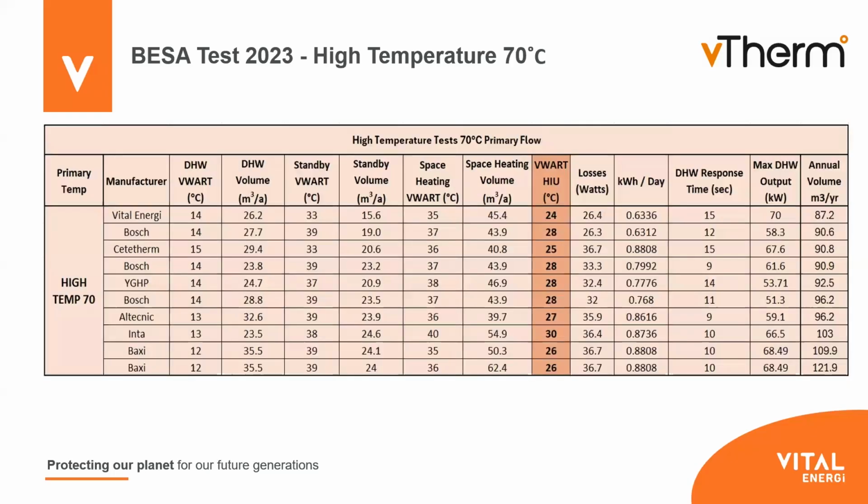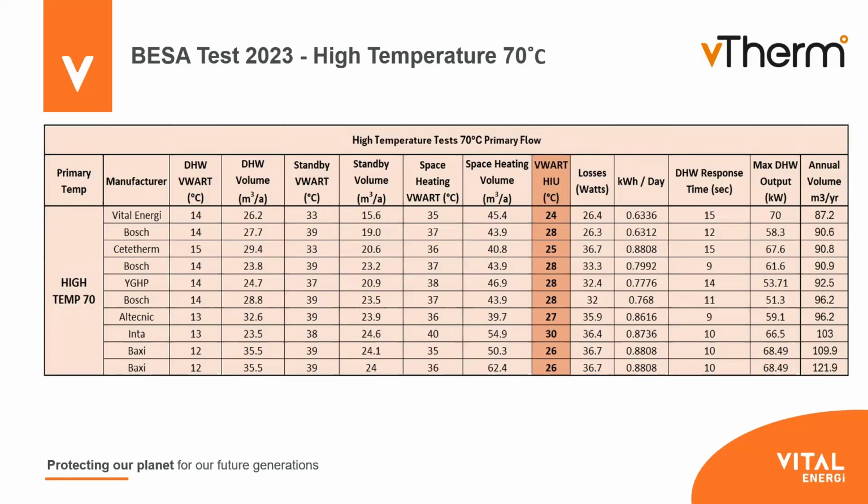If we look at the next one, done at 70 degrees as a prime example, because you've got higher temperatures, therefore the VWAT is lower, and you can actually see, number one, our unit has been tested to 70 kilowatts, and we've got the lowest annual volume.